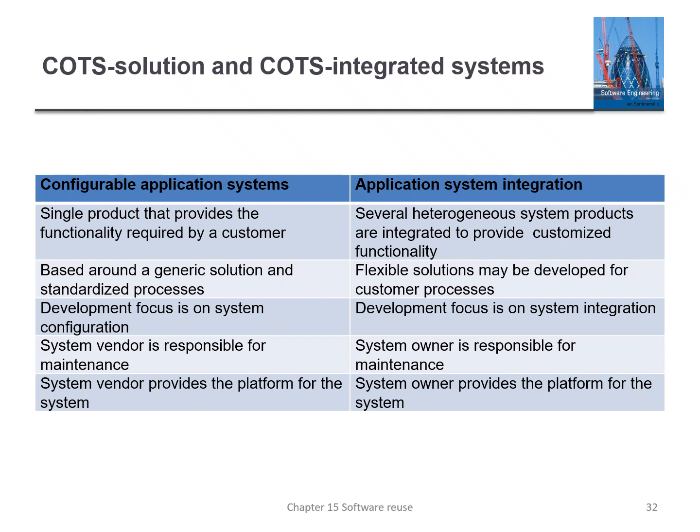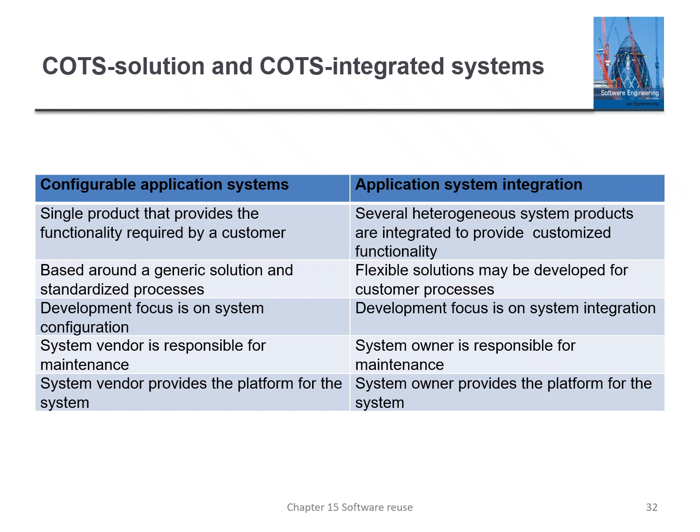Several heterogeneous system products are integrated to provide customizable functionality. So the configurable application system refers to one single product, whereas application system integration involves several products which can be integrated to have customizable functionality.